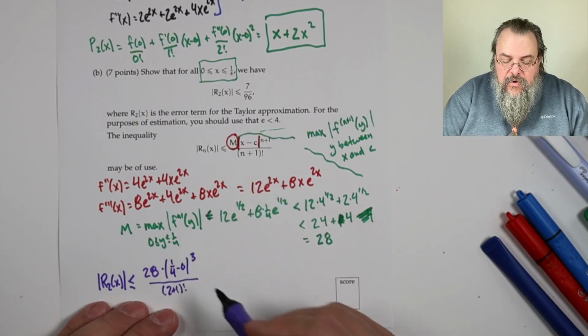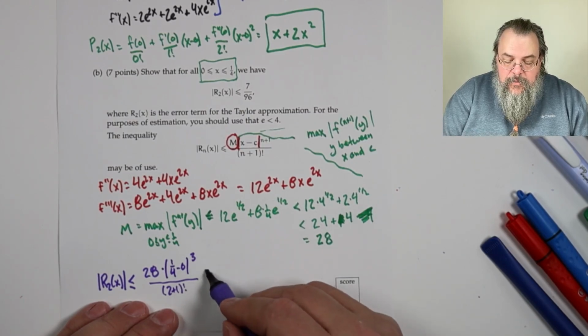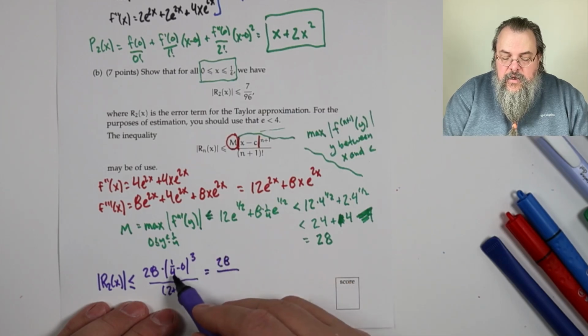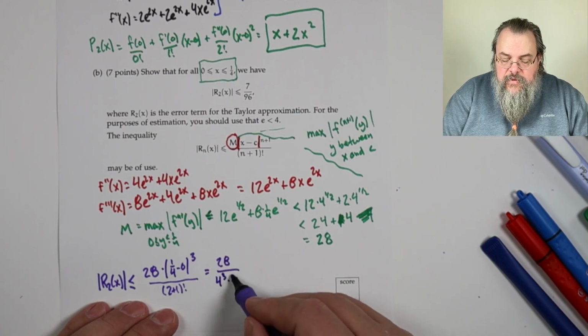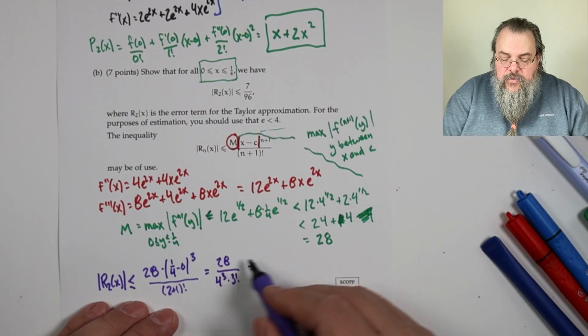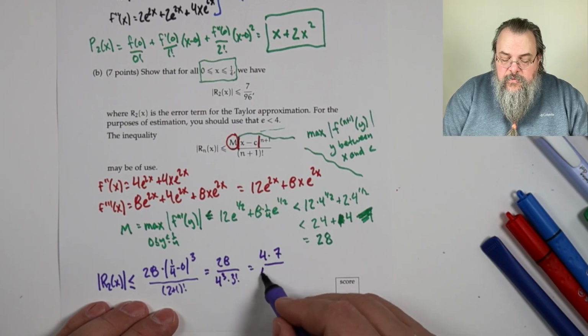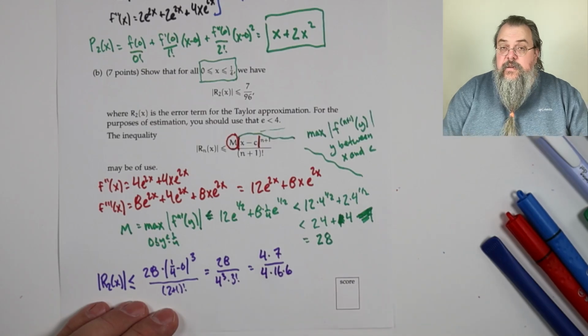Okay, so everything else from here is simplifying. So what do we have? We have really 28 and a quarter cubed. That's really 4 cubed downstairs. And then we have this 3 factorial. Well, okay, 28, that's 4 times 7. Then this 4 cubed is 4 times 16, times 6, since 3 factorial is 6.